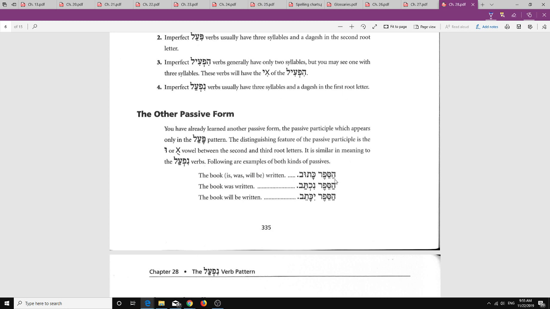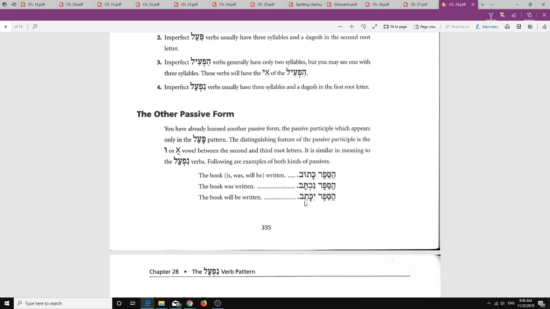So you might have something like Hasefer Katuv. So the book was written, or is written, or will be written. Hasefer Niktav. Okay, the book was written, past tense. We see this is perfect, so probably past tense.